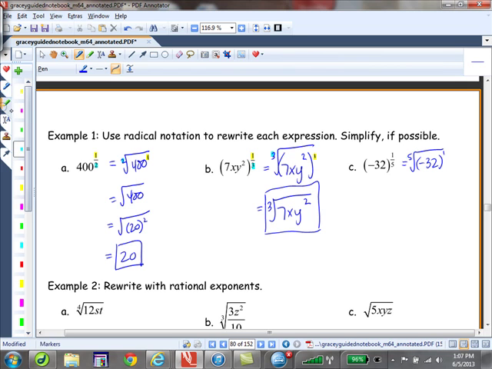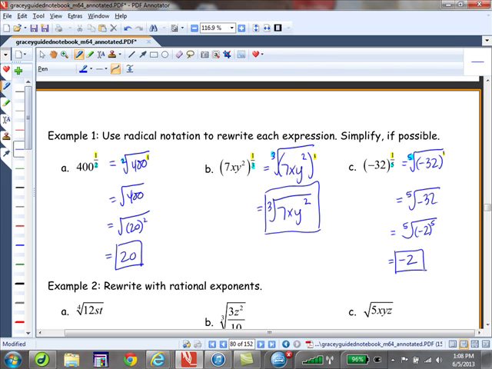Power over root, and we'll have the 5th root of negative 32, which is the 5th root of negative 2 to the 5th. And remember, once you match the power inside to the index, you just get a result of negative 2. So we were also able to simplify part C.